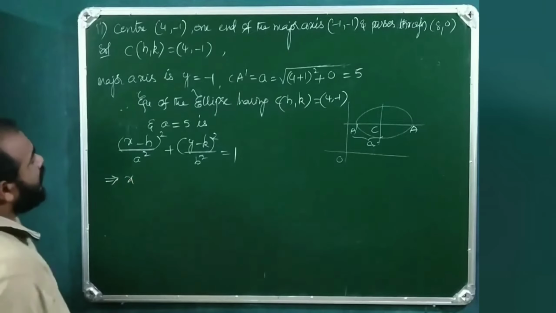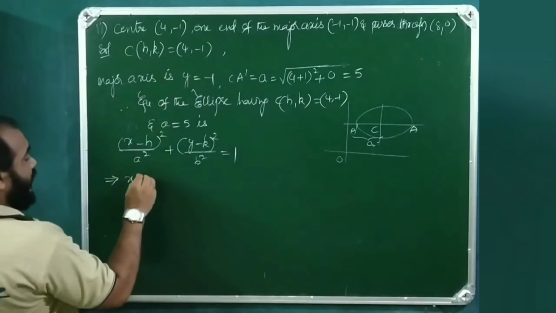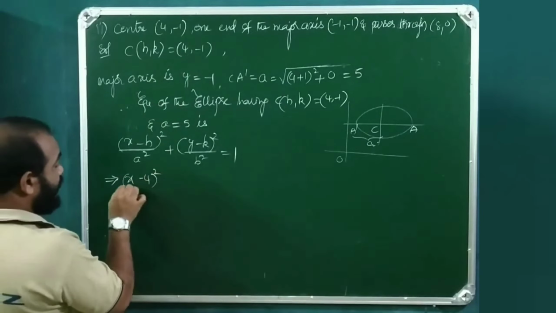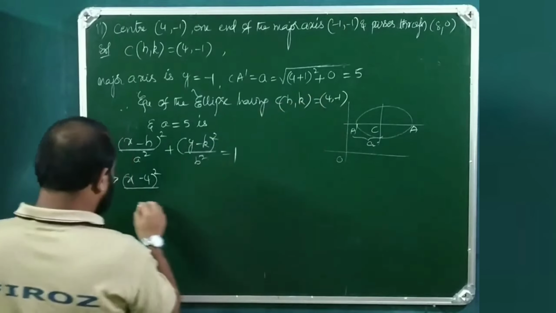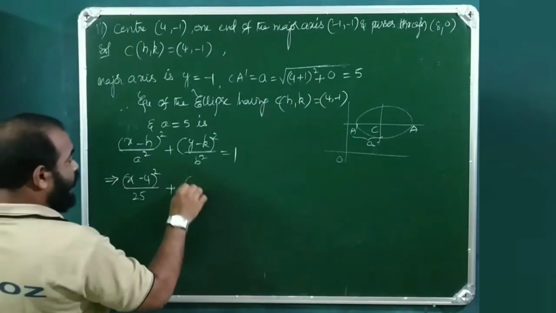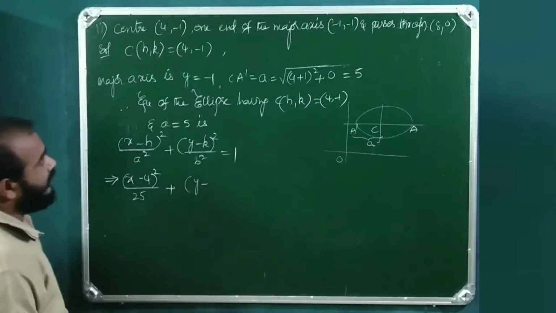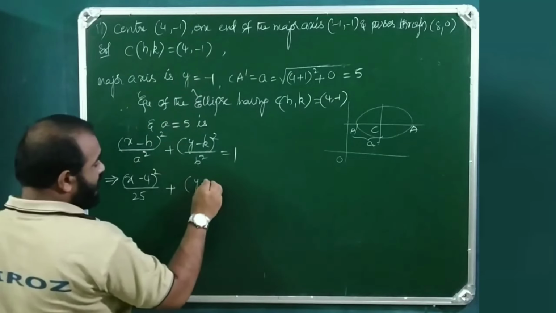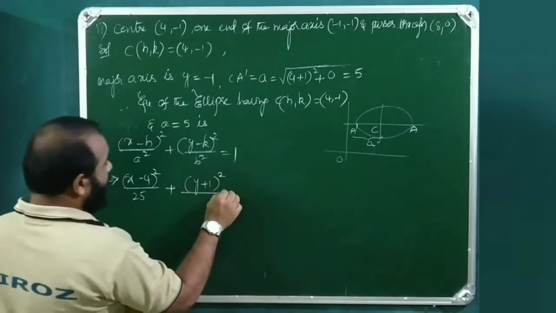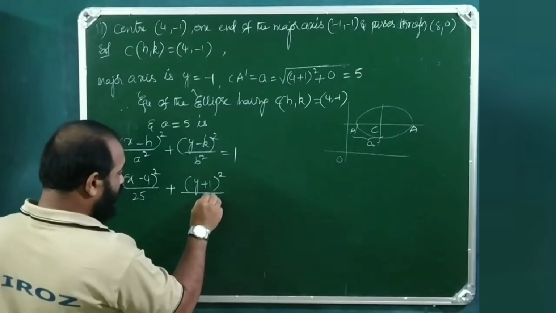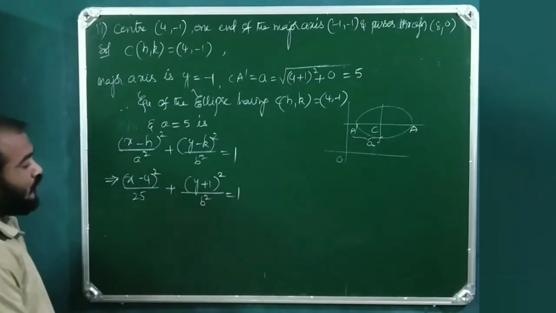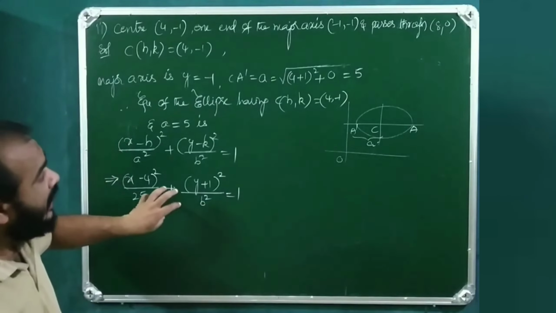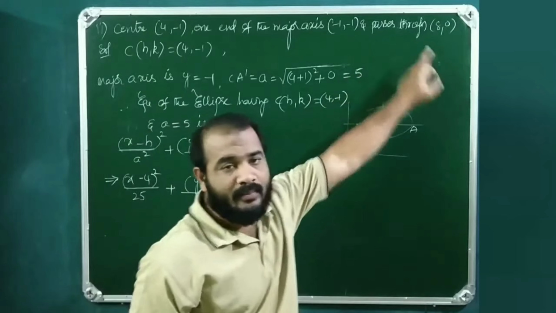So (x minus h), which is minus 4, whole square by a square, which is 25, plus (y minus k), minus of minus is plus 1, whole square by b square, which we don't know, is equal to 1. So this is the ellipse and this ellipse is passing through (8, 0).